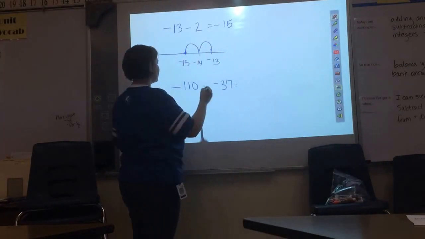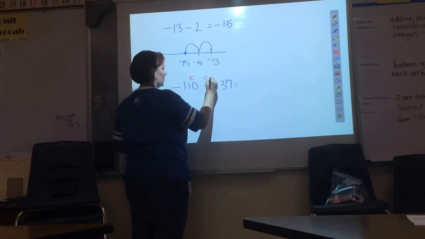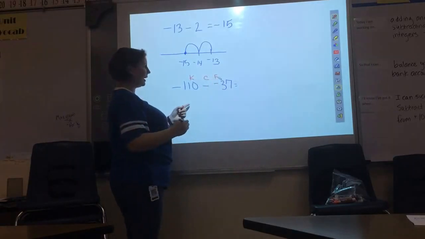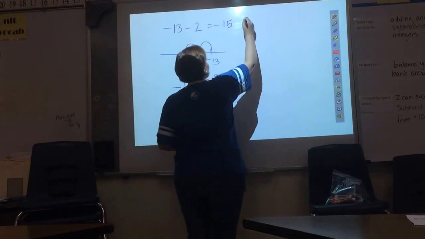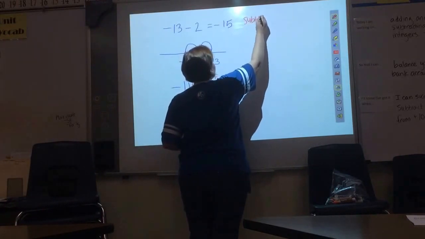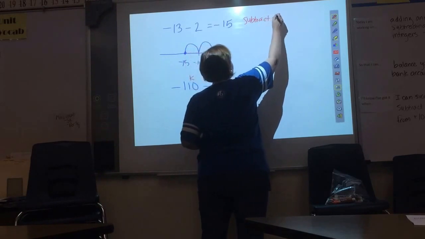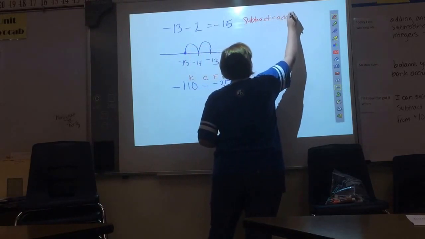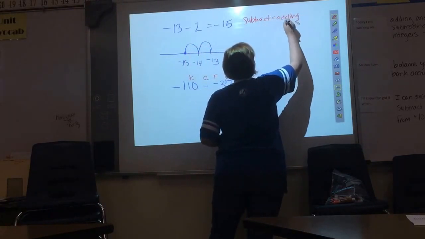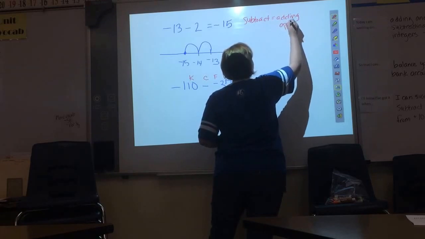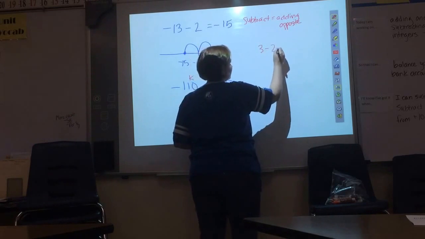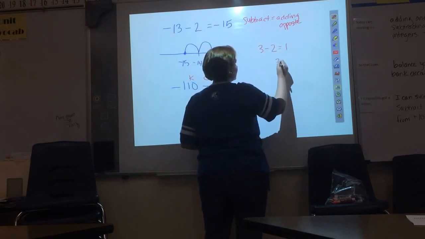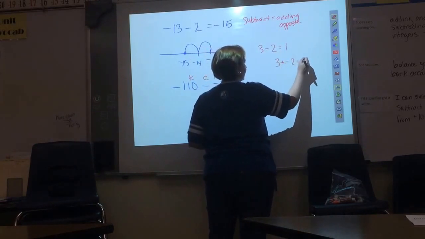Because remember, subtracting is the same thing as adding the opposite. Because if 3 minus 2 is 1, that's the same thing as 3 adding negative 2.